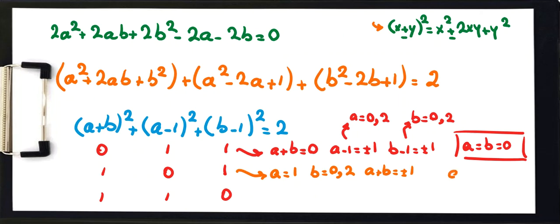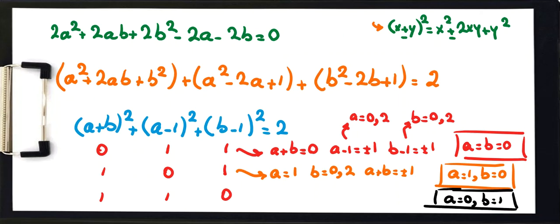Okay, so from this case, we conclude a is 1, b is 0. And if you check, it is 1, it is 0, it is 1. The third case is similar to the second case, only we should switch a and b. So the third case is a is 0 and b is 1.